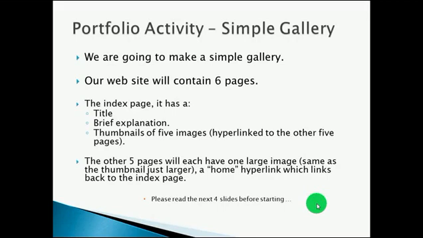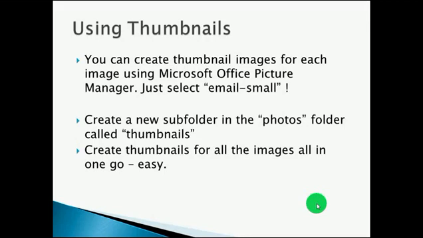But underneath the image we'll have a home button, which is simply going to link back to your index page again. Okay, so it's just a very easy and simple gallery, and hopefully it should be enjoyable.